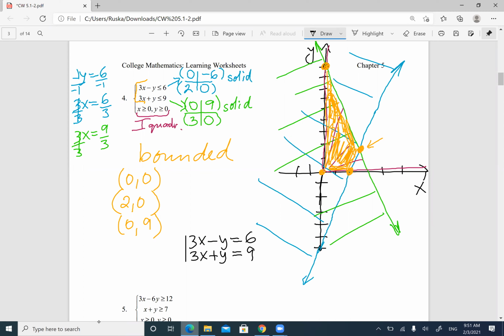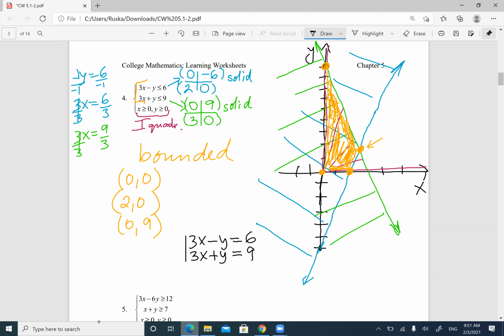Because this point is the intersection between the 2 lines, the green and the blue line, when I solve this system, the solution is going to be the intersection point, right?